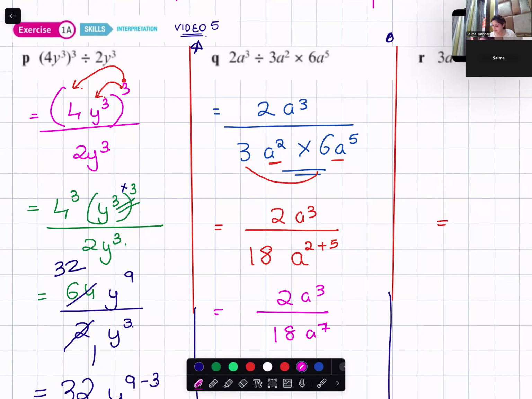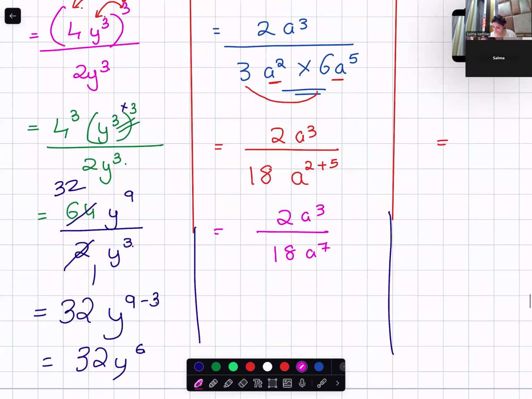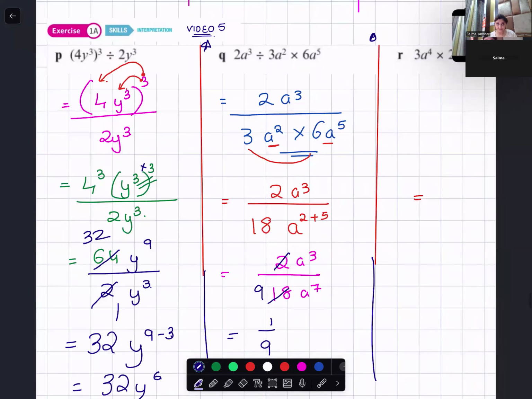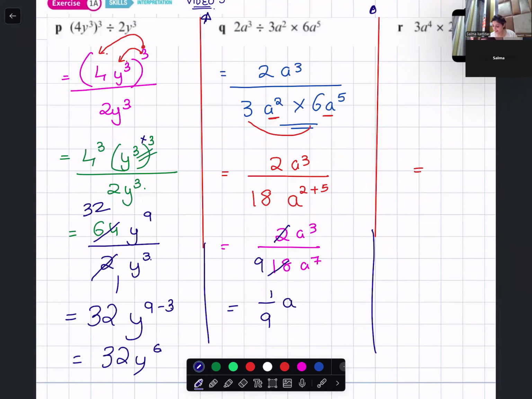Now since I have this, what am I going to do is I will deal with the constants separately and I'm going to deal with the variables separately. So 2 ones are and 2 nines are. So this becomes 1 upon 9. Now a, how you going to deal with a? Think. This will become a^(3 minus 7). If you have a raised to m upon a raised to n, it becomes a raised to m minus n.